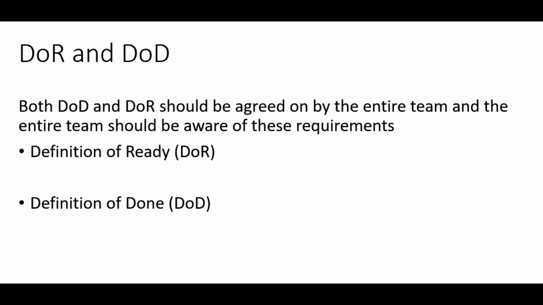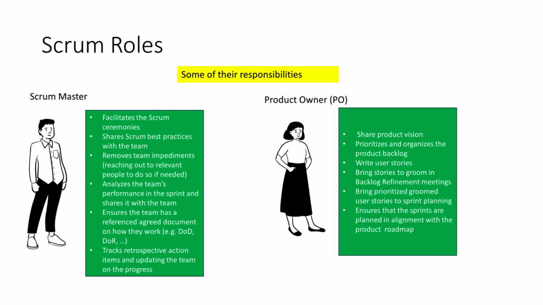The Scrum team is composed of one Scrum Master, one Product Owner, and the rest are other team members. The Scrum Master acts as a servant leader to the team.